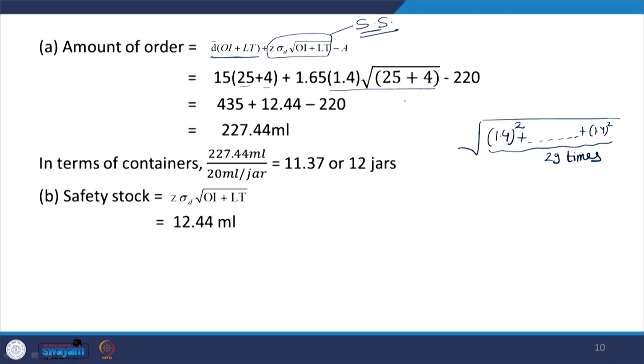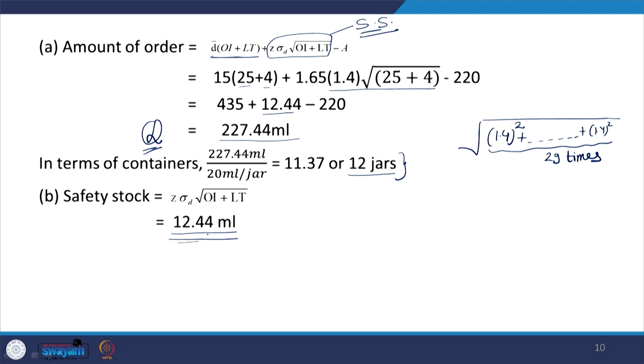So, when I have done the calculation, 227.44 milliliter I need to order, that is my quantity to order, this is my Q, and in terms of container, because each container contains 20 milliliter, I have to order somewhere around 12 jars, and this 12.44 is my safety stock.